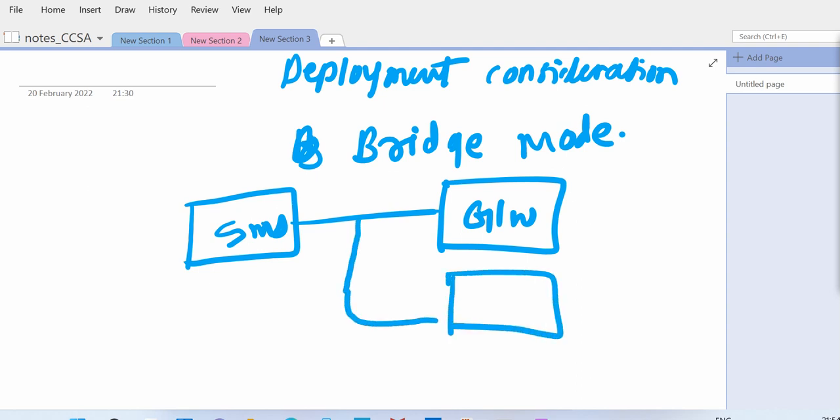That bridge mode will give you the functionality to add a new security gateway to this existing network without changing any IP address.